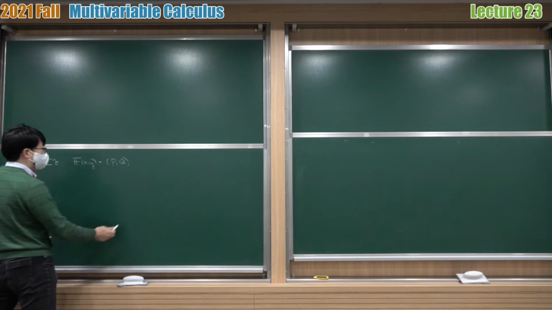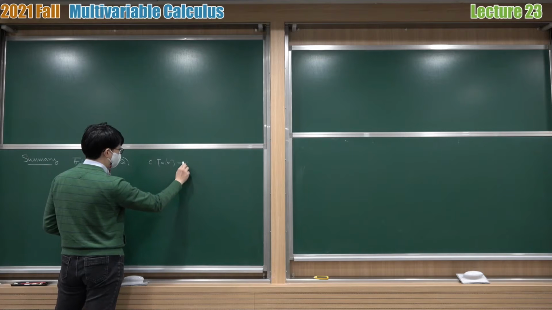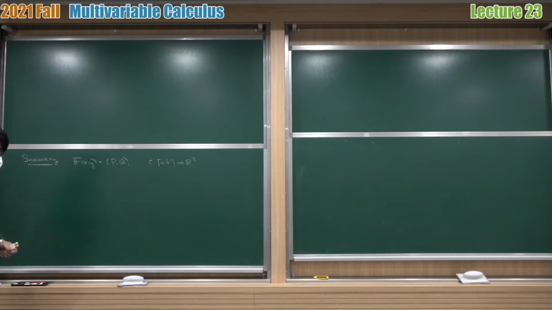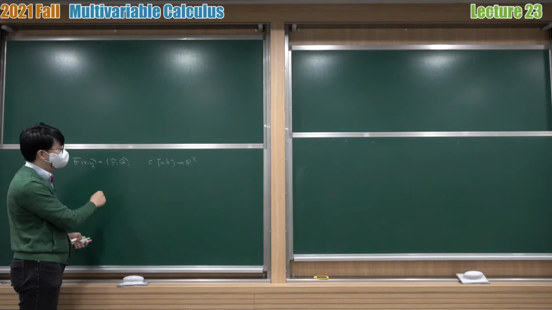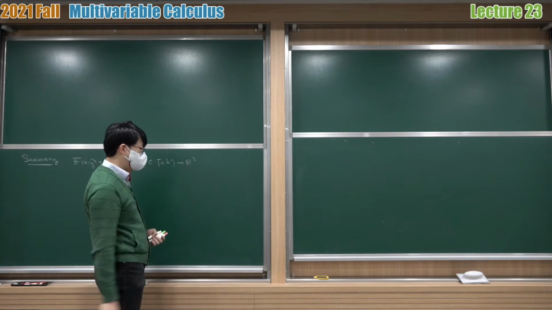And we have a curve C inside of two-dimensional space. And if I have to be more specific, then I should say this vector field is defined not only on the curve, but also the inside of the curve.